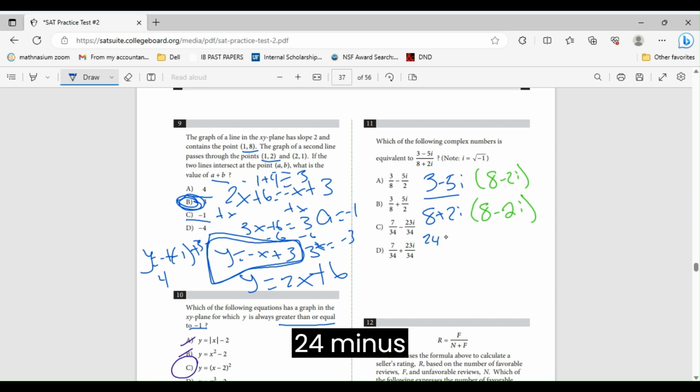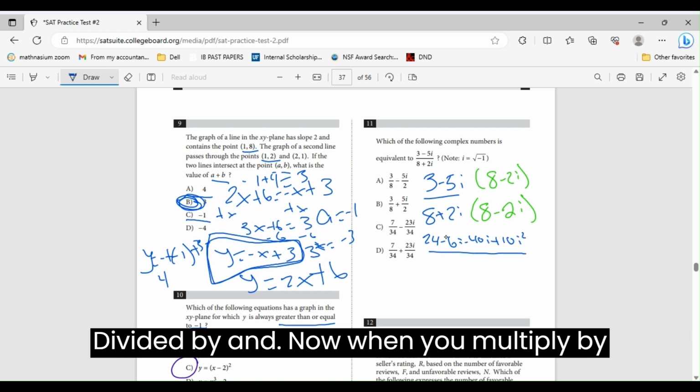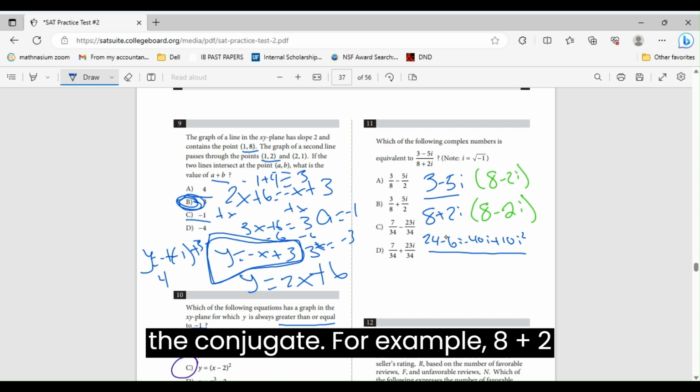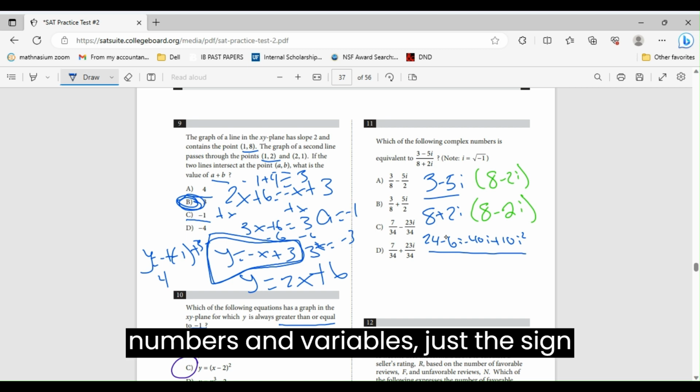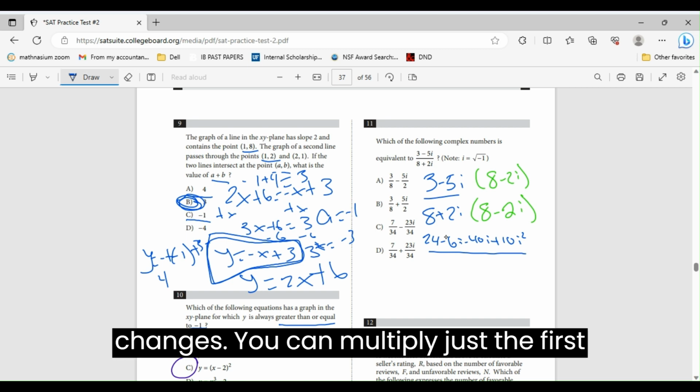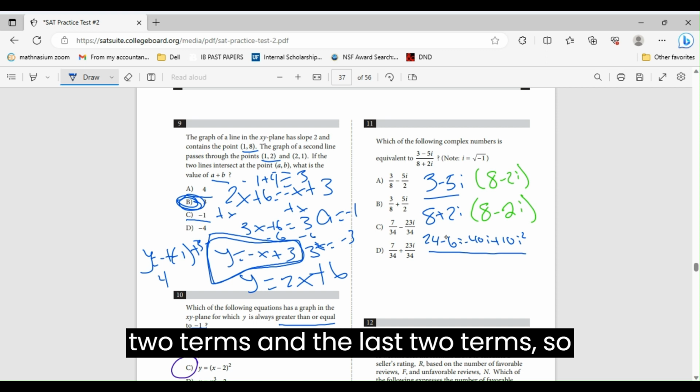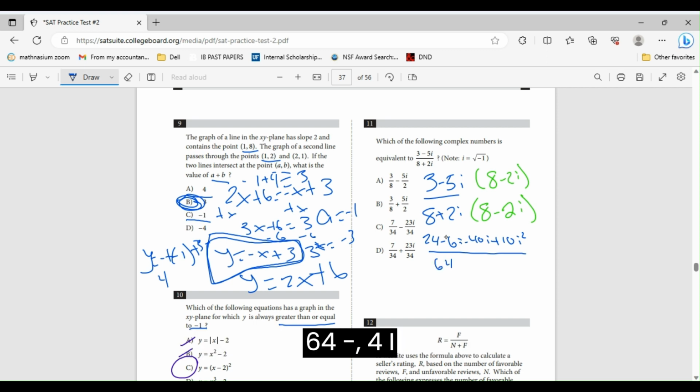And so when we FOIL our top and bottom, when we distribute, we get 24 minus 6i minus 40i plus 10i squared, divided by, and now when you multiply by the conjugate, for example, 8 plus 2i times 8 minus 2i, when it's the same numbers and variables, just the sign changes, you can multiply just the first two terms and the last two terms. So 64 minus 4i squared.